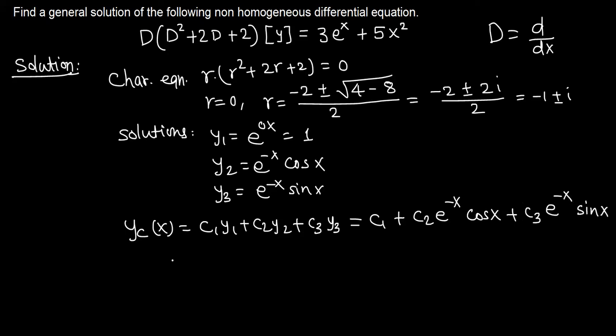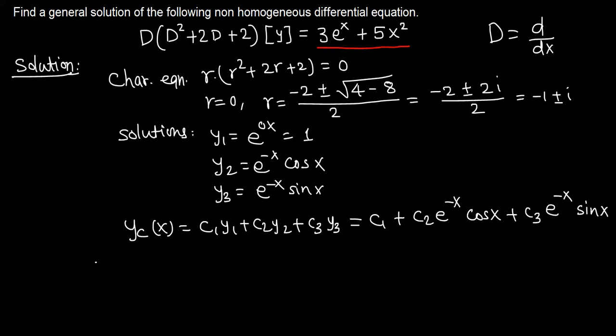Okay, next we need to find a particular solution. For that we use the method of undetermined coefficients. Look at the right hand side, we have 3 e to the x plus 5x squared. In fact, we have two terms here, so we need to make an initial guess for the first term as well as for the second term.